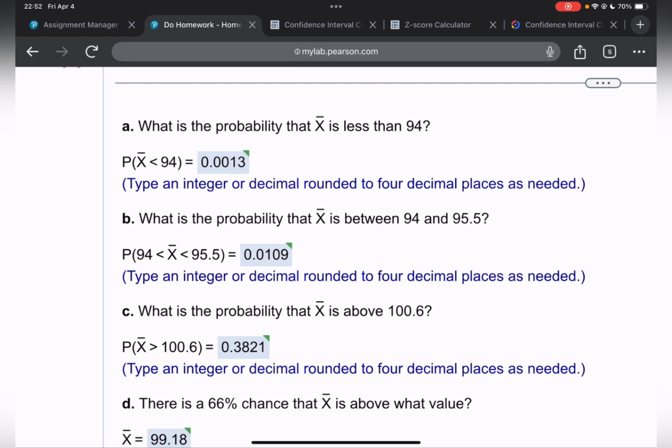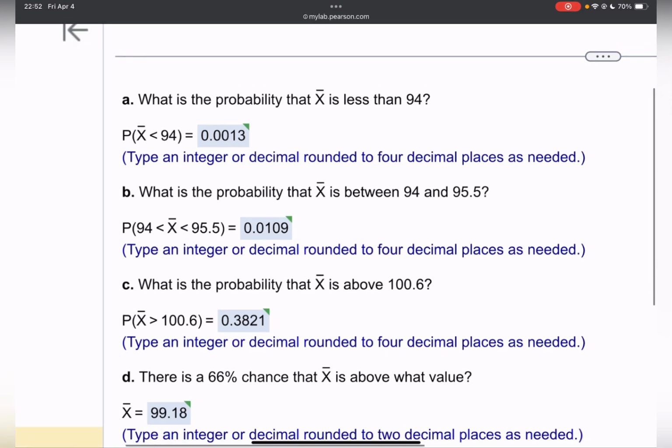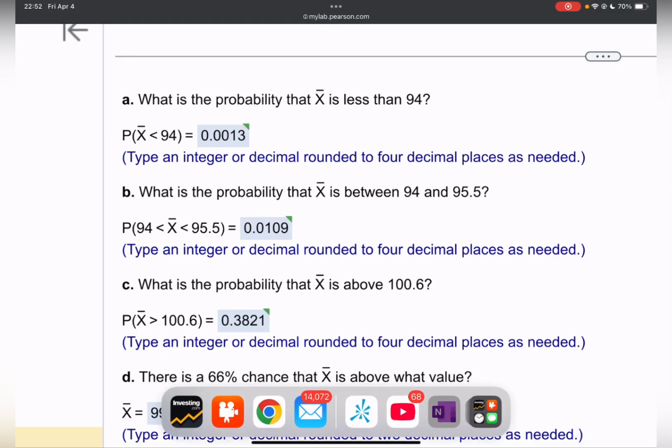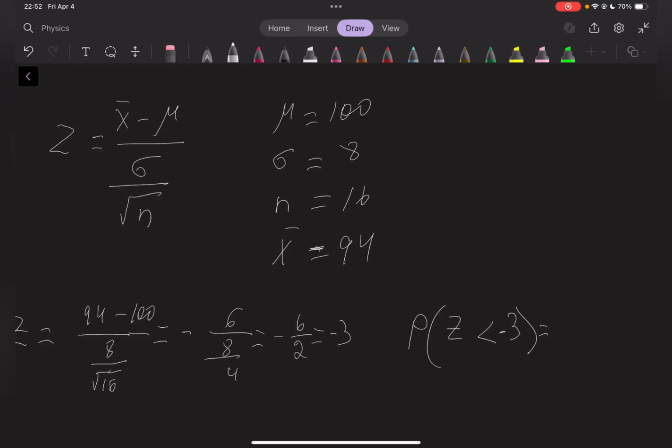0.013. Next, what's the probability that x bar is between 94 and 95.5? So in this case, what we're gonna do, 94 and 95.5.